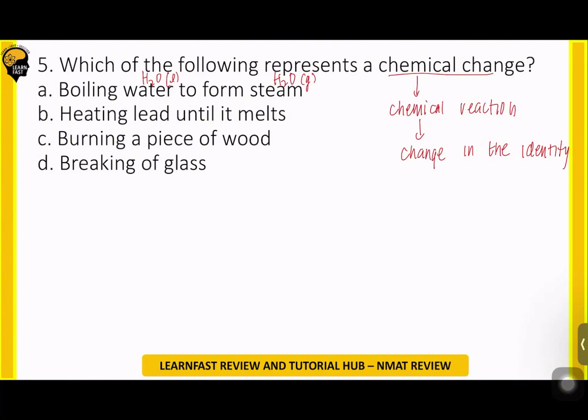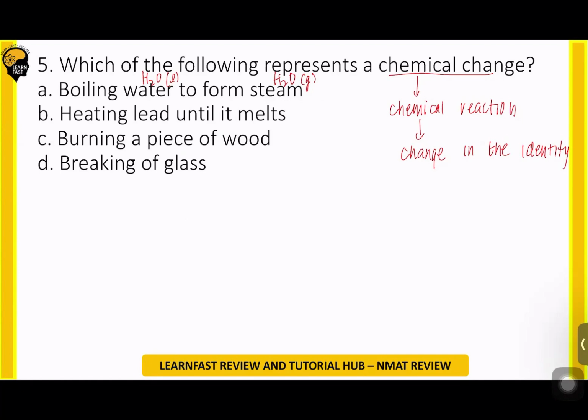Now, burning a piece of wood, it's actually an exothermic reaction. Well, there's a chemical reaction, right? And the wood, which is composed of various organic compounds, is converted to carbon soot or carbon dioxide, carbon monoxide, and water as steam.